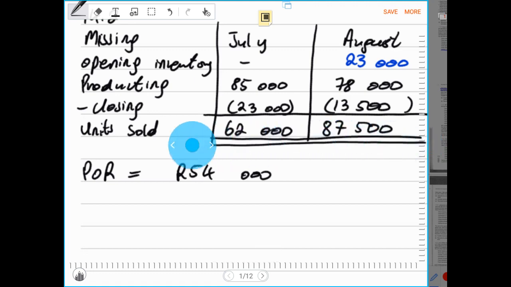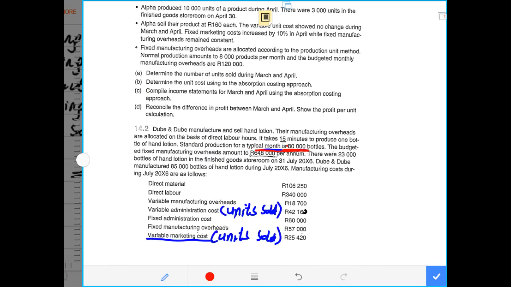Remember, I've also calculated for you that we have 15 minutes to complete one product. So 15 minutes divided by the total minutes in an hour gives us 0.25 hours. That means it takes 0.25 hours to complete one unit.